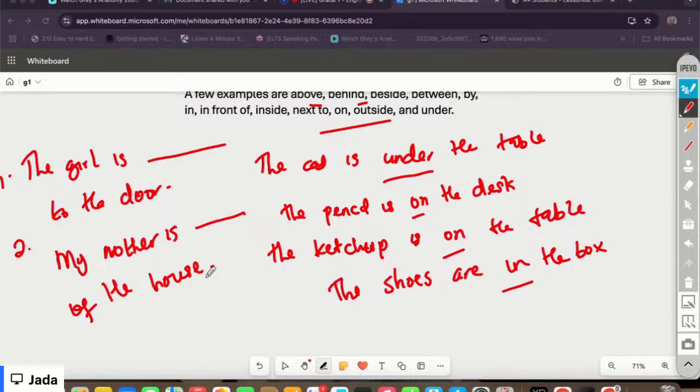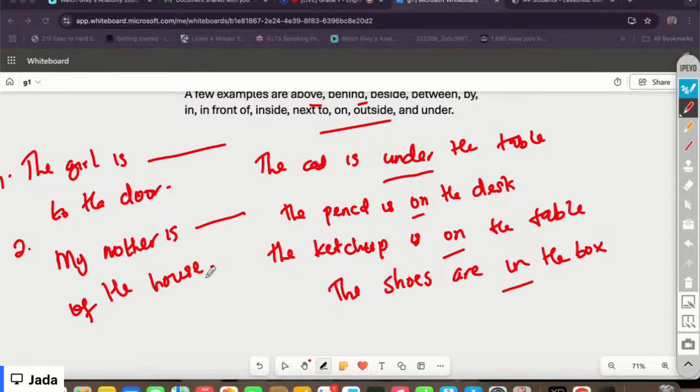So, what do you think will be the answer for the first one? What do you think, guys? I'm going to give you options, okay? So let me give you options for the first. The girl is next to the door. The girl is in front of the door.